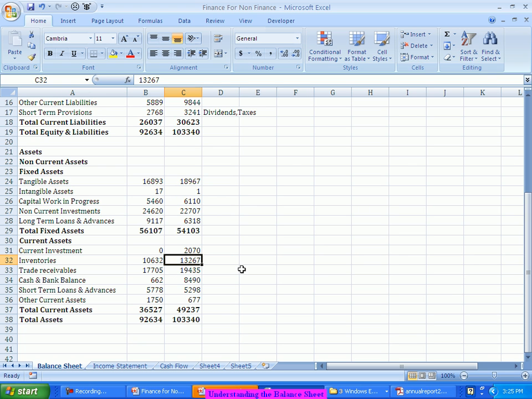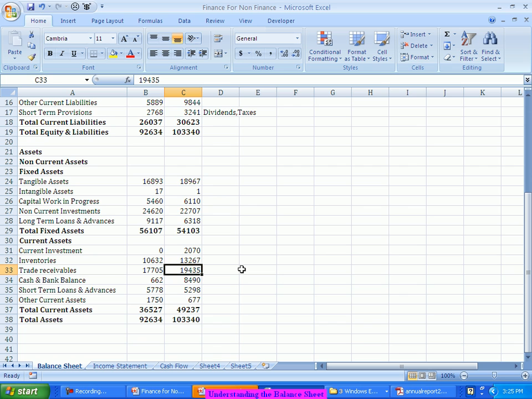They are ready but they are not yet sold. So that's where you see the inventories will be very high for this kind of company, because they will produce the medicines and they are stocking them at all the medical stores. Until they get sold, they are all inventory only for the company.